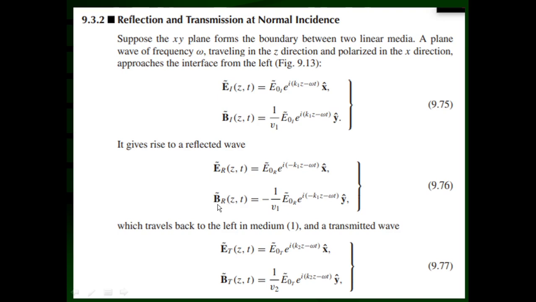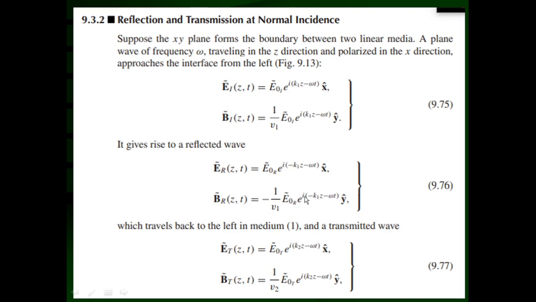Similarly, the reflected magnetic field Br, a function of z and t, is equal to minus 1 upon V1 E0r. This is supposed to be B0r, the magnitude of the reflected wave, but it can be written in terms of the electric field magnitude as 1 upon V1 times E0r, times e raised to i(minus k1z minus omega t).